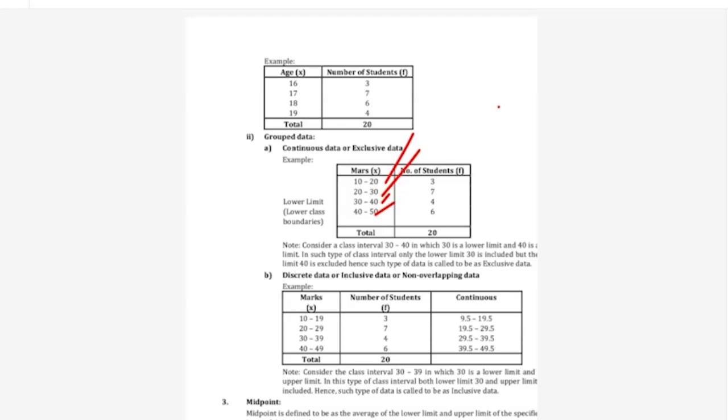These 20, 30, 40, 50 are called upper limits, or they are called upper class boundaries.